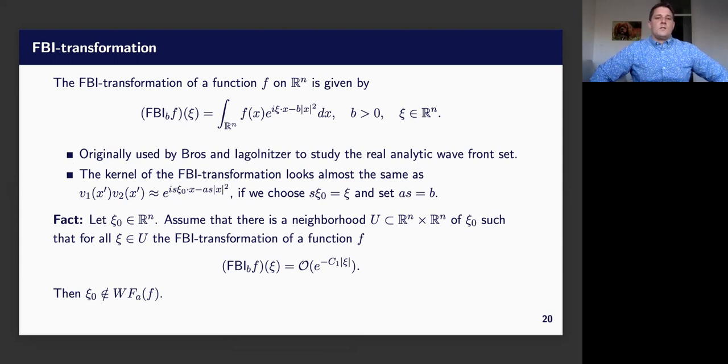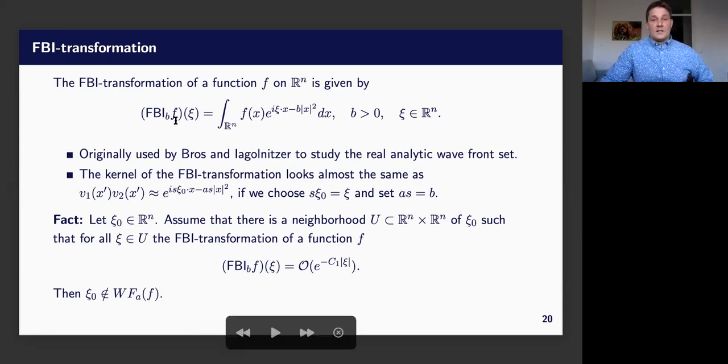So what is an FBI transformation? I need to discuss that now. The FBI transformation of a function on Rn is a transformation which takes f and evaluates it at a direction psi. It's given by this formula: the integral of f against e to the power i psi dot x minus beta x squared.